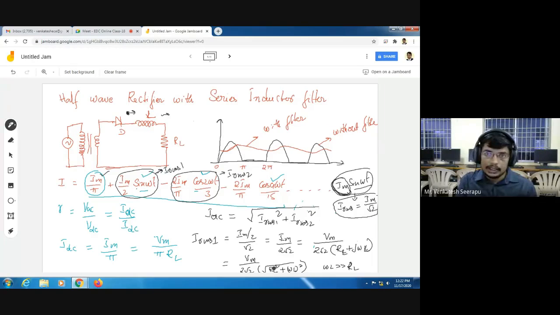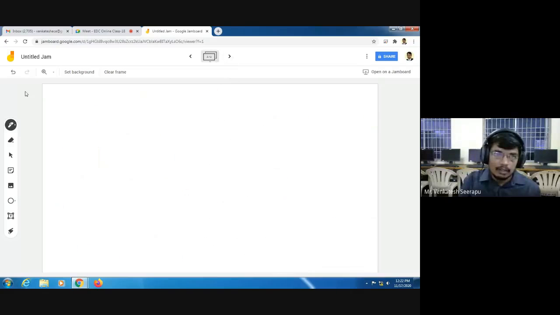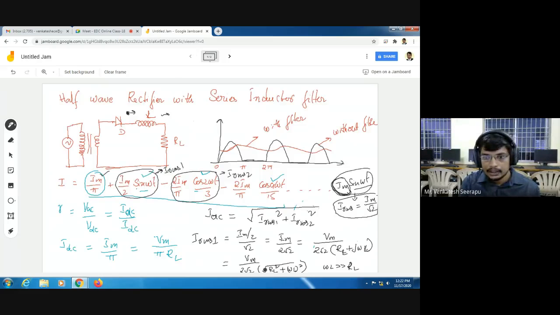If we neglect this RL value, what is the IRMS 1 I got here? IRMS 1 equals, if I neglect this value, why? Because here the omega L value is much greater than the RL value. So if I neglect this RL value, what is the equation I got?